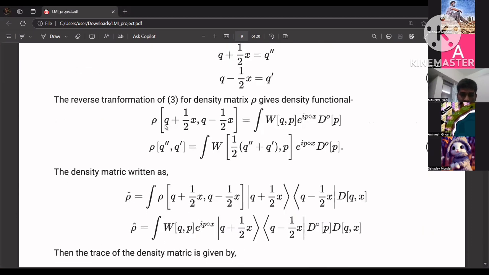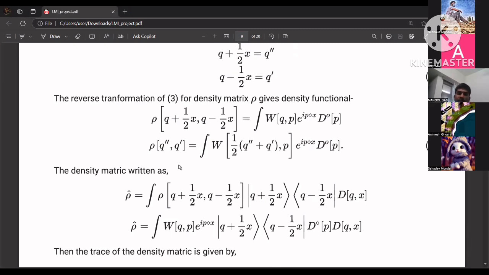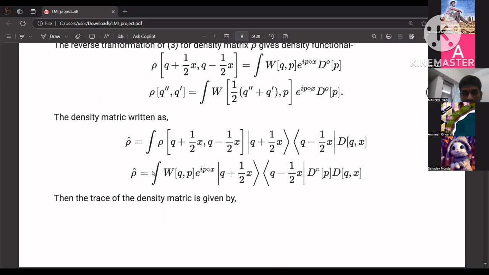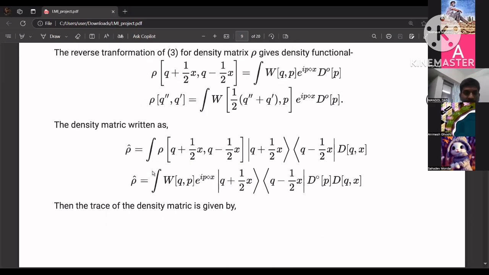If we put these in, we get the inverse transformation like a Fourier transform of the Wigner function, and we get the density operator. So from this, we can convert the Wigner function into the density operator and the density operator into the Wigner function. We can extract the information about the system from the density operator. That's why we need it.